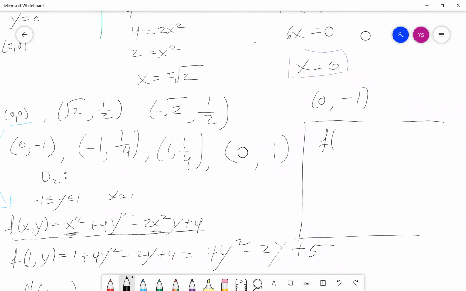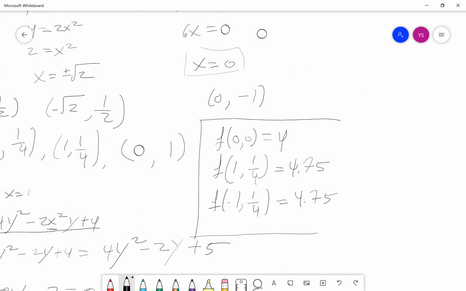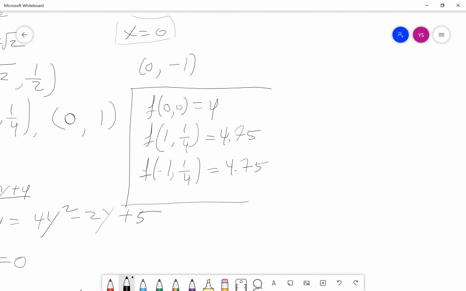So f of 0, 0 is equal to 4. F of 1, 1/4 is equal to 4.75. F of -1, 1/4 is equal to 4.75. F of 1, -1 is equal to 11.